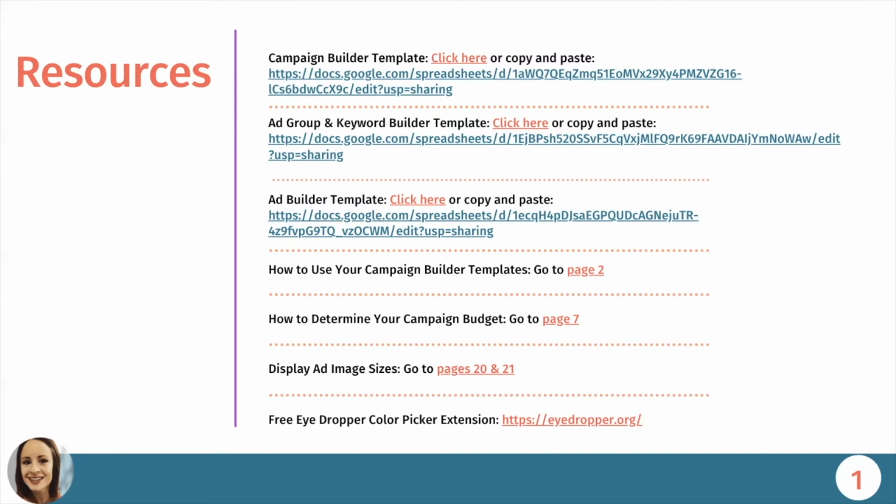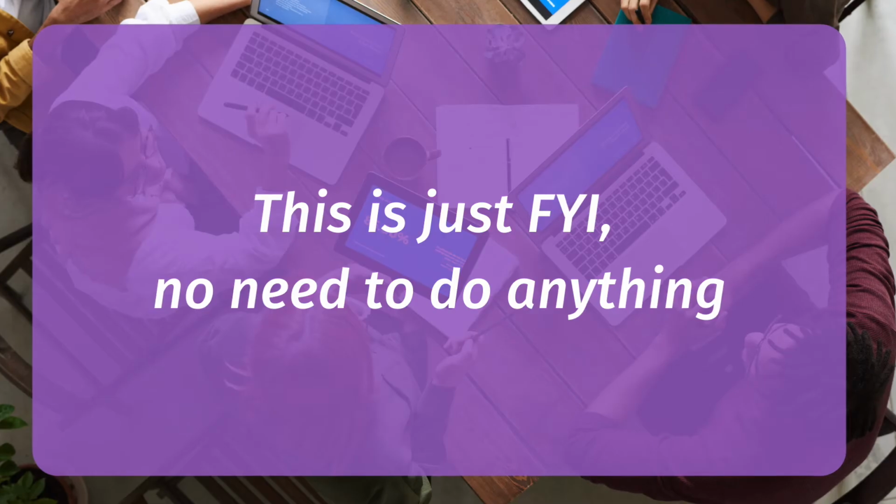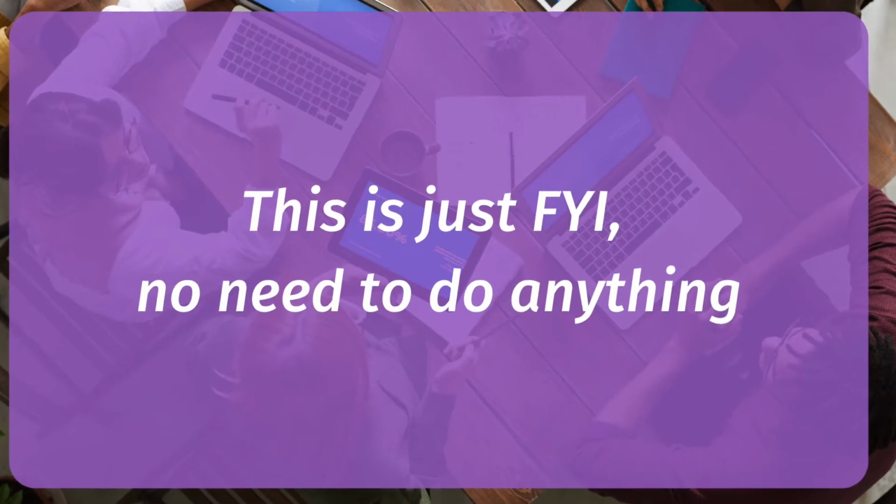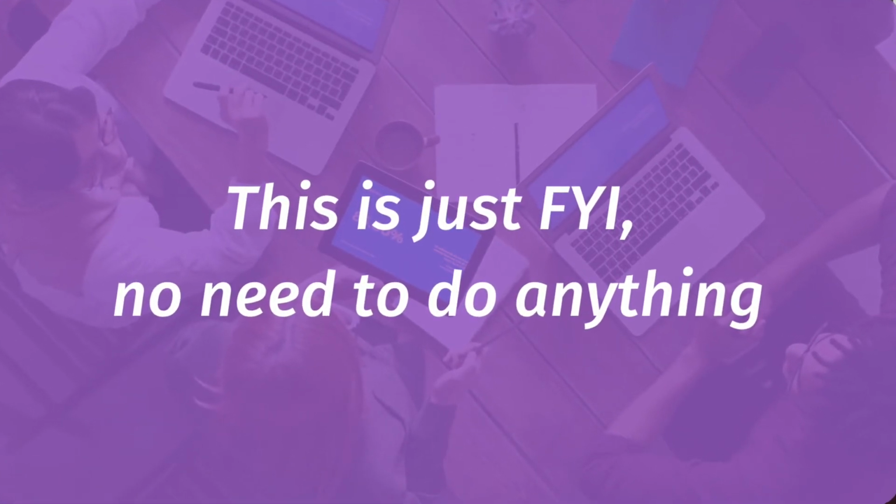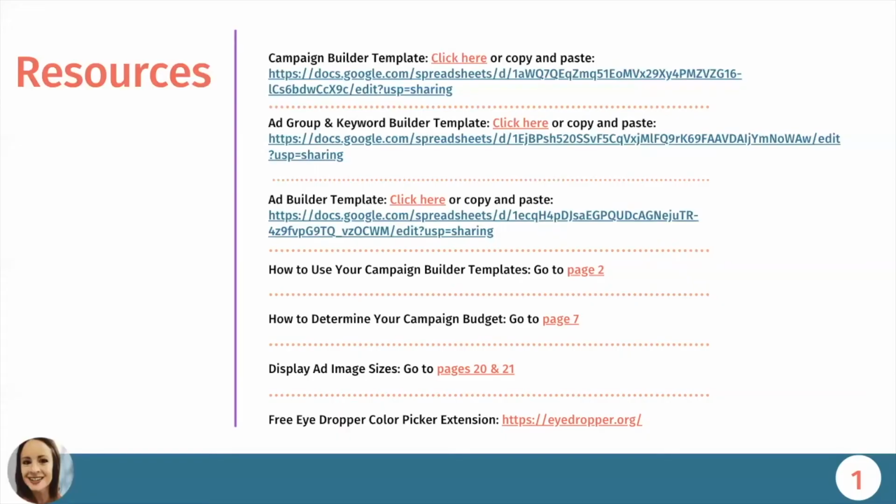Then we also have display ad image sizes, and you're not going to have to worry about this yet. We are going to be building display campaigns. So below this video, you're going to see some resources. There's the course workbooks and there's the demo images for student use. So those demo images are what you can be using when we start to build our display campaigns. I already have images in there for you.